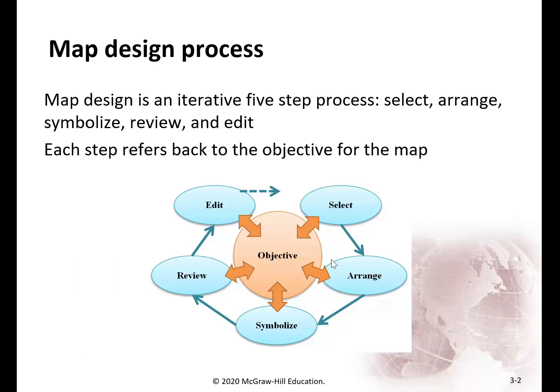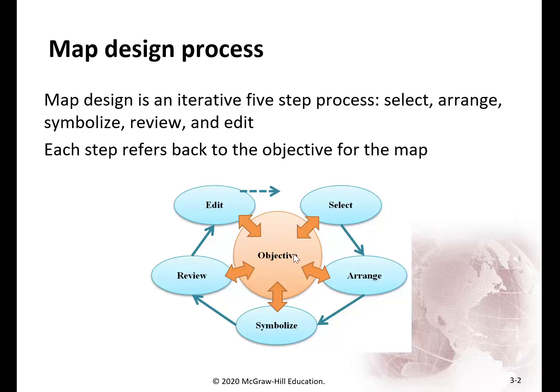So using this diagram, you can see how even though we have to start by selecting the data that we want to use in order to portray our objective, as we move through and arrange our data and symbolize our data, we're constantly going back to seeing if our choices support the overall objective of the map. So it is by no means a linear process.